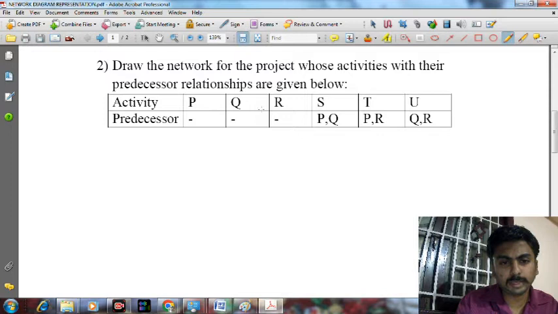P, Q and R have no predecessors, so these are the starting activities, whereas S has two different predecessors, T has two different predecessors, and U also has two different predecessors. P is common here, so we have to make P in between.